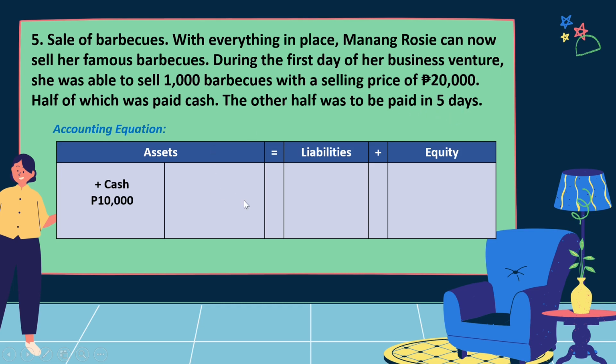And we have another assets, yan yung accounts receivable. So, may matatanggap pa siyang 10,000 pesos within 5 days from her customers. So, positive sign ang accounts receivable niya kasi may matatanggap pa siyang pera worth 10,000 pesos.